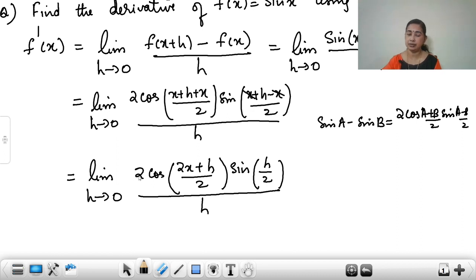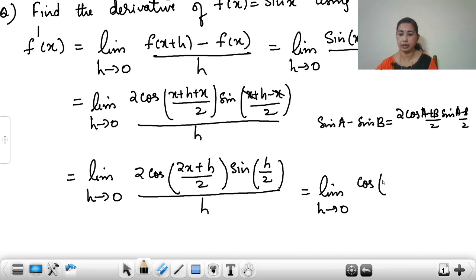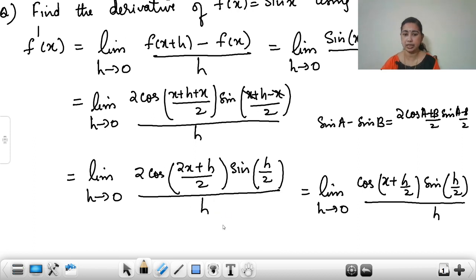We can write h as h/2, because taking the reciprocal, that 2 will come in the numerator itself. So this is equal to the limit as h tends to 0 of cos(x + h/2) into sin(h/2) divided by h/2.